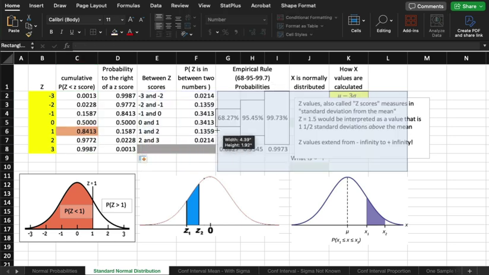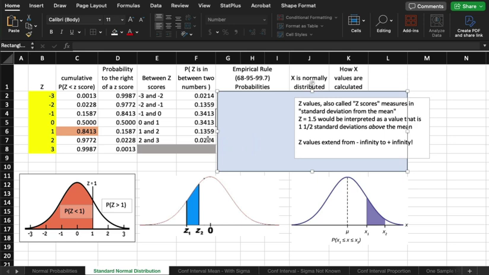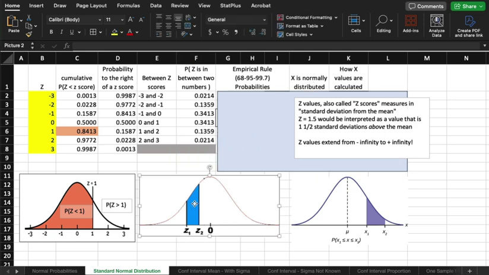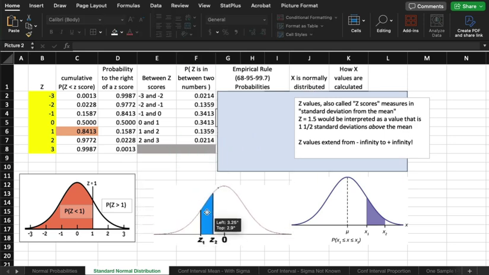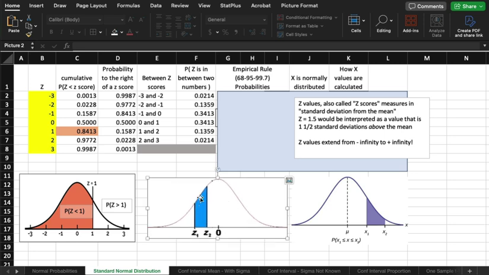Let's do one more thing, and then we'll stop here, and we'll take it up in our next video. Let's calculate the probability between two values of z. You can see that pictured down here in this middle picture. I have two z-values just kind of randomly pictured, and we're going to calculate the probability of an outcome being between those two values.